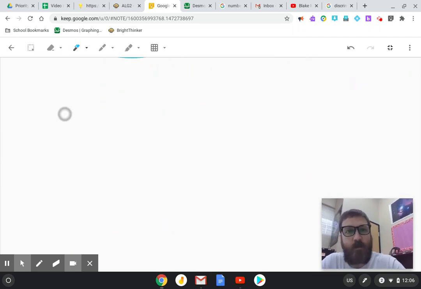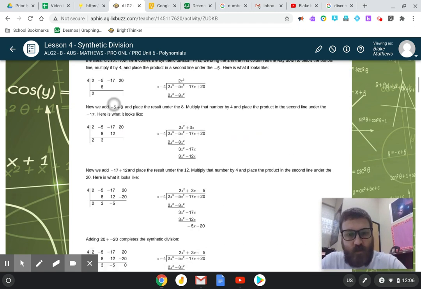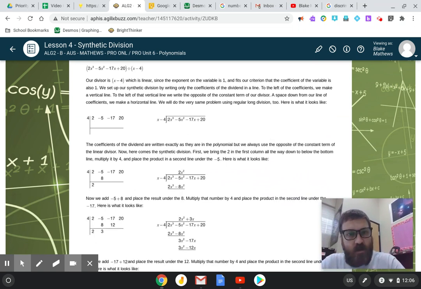So I'm going to do a couple more examples here. We're going to do this example that they show us here. We have 2x to the third minus 5x squared minus 17x plus 20 divided by x minus 4.